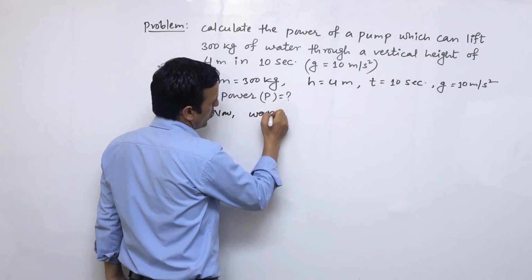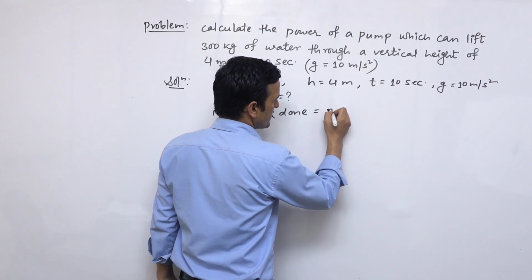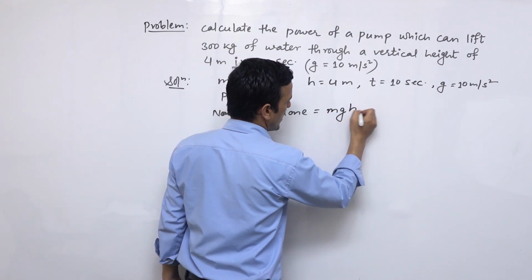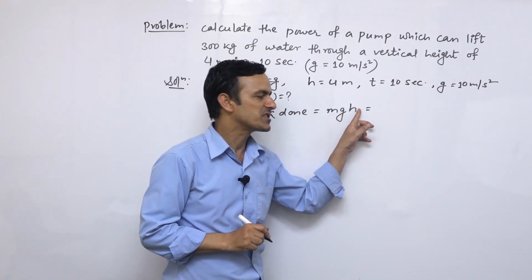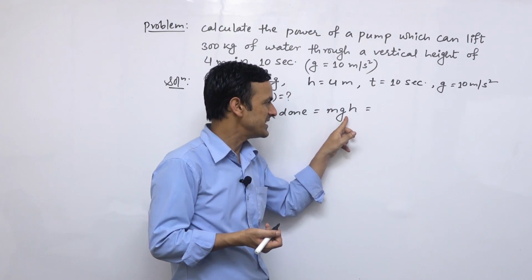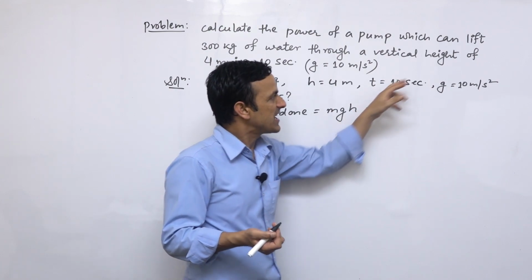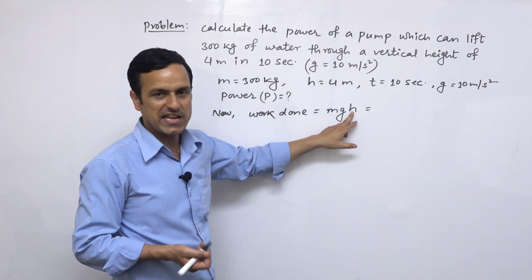Now work done is equal to mass into gravity into height. So this one is the work done. That means force into displacement. Force भनेको mg हो, force र weight एउटै हो mg, and displacement भनेको height. यहाँ हाइटमा, अल्टिट्युडमा हाम्रो डिस्प्लेसमेन्ट भएको छ, त्यसैले h लेखौं.